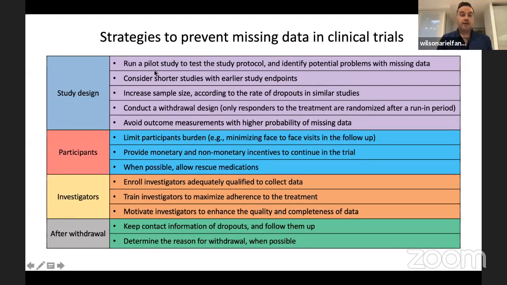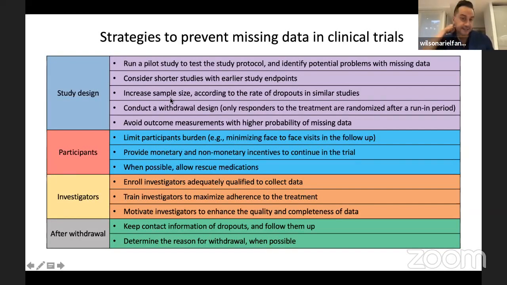The second consideration is to conduct shorter studies when possible, with obviously early study endpoints. I mean, if you're going to conduct a very long study, maybe for 2 years, you definitely need to expect to some extent missing data.